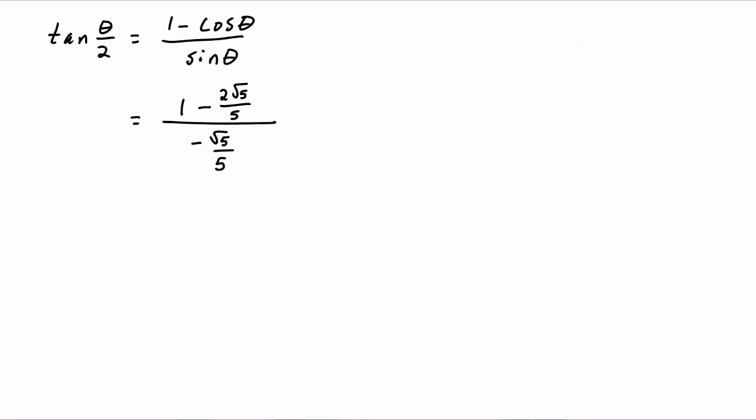We have a complex fraction, so we will multiply by 5 over 5 to clear that out. This is going to become 5 has to distribute over the numerator, so 5 times 1 is 5 minus 5 times 2 radical 5 over 5.